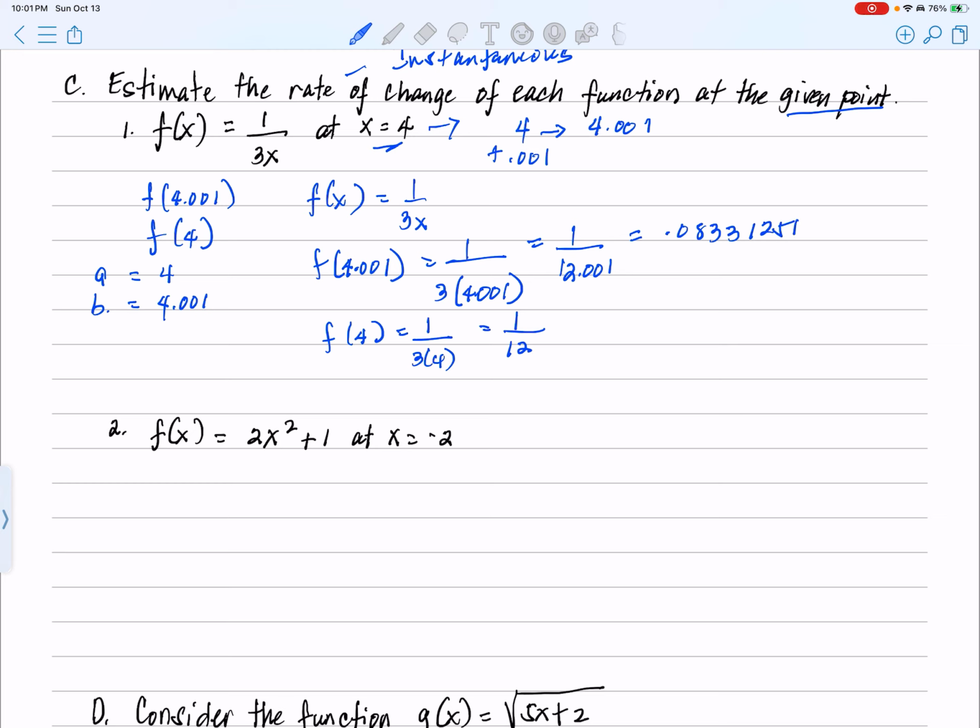All right. 1 over 12.001 is too close to 1 over 12. That's why I'm using more digits. 1 over 12 is also 0.08333, more 3s, 2, 4.